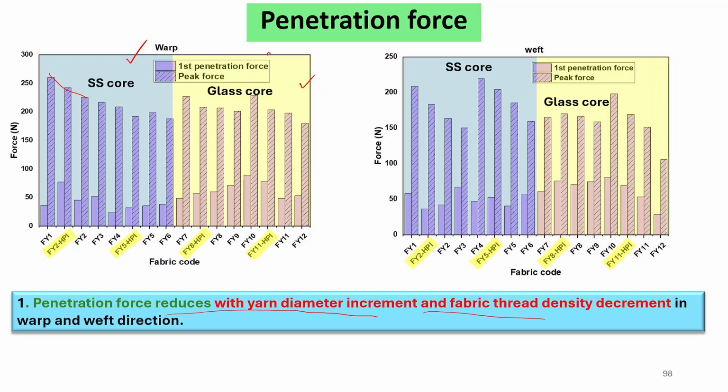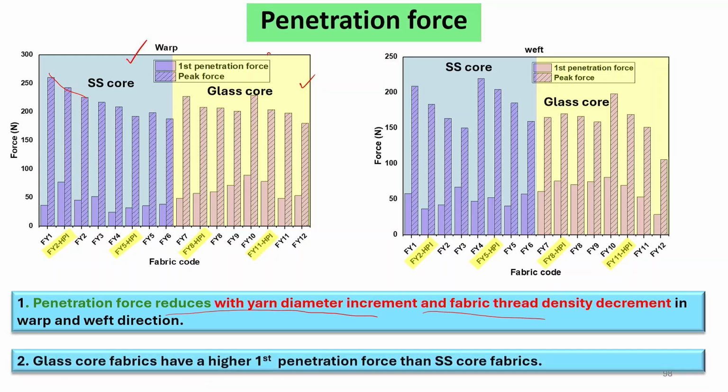As the yarn is thicker, we have to use less thread density. So, that is actually the reason for reduction of the penetration force, and glass core fabrics have higher fast penetration force than SS core. So, we can see the glass core has higher penetration force.